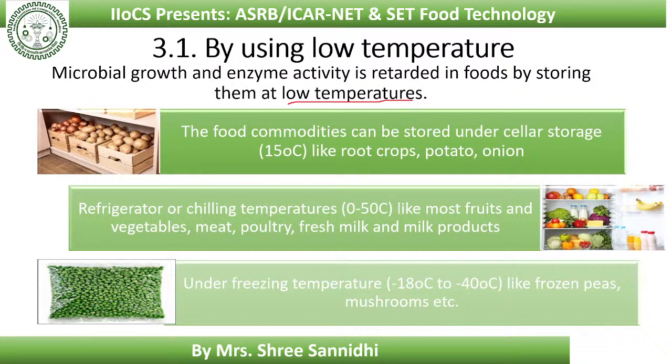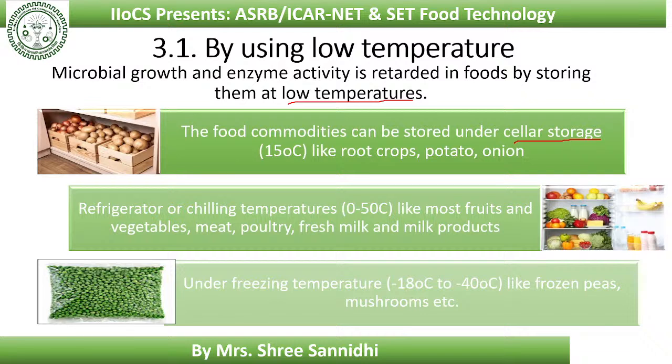The food commodities can be stored under cellar storage. This is the normal storage method we use in our homes. We keep certain semi-perishable or non-perishable foods in cool regions. Example, onions and potatoes, you must have seen that.